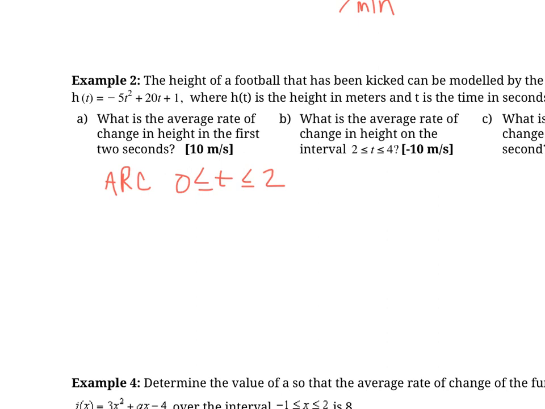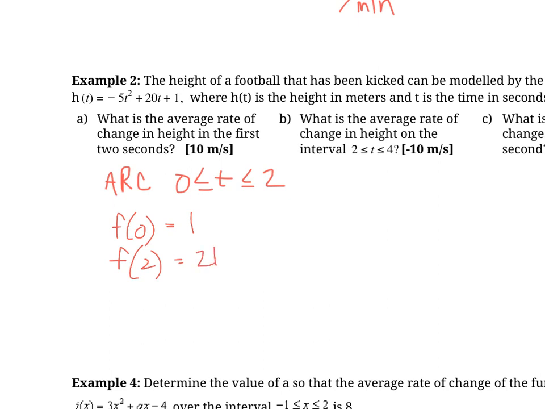If you plug in 0, you could do that yourself, you'll see it comes out to 1. And if you plug 2 into our equation, it should come out to 21, I believe.